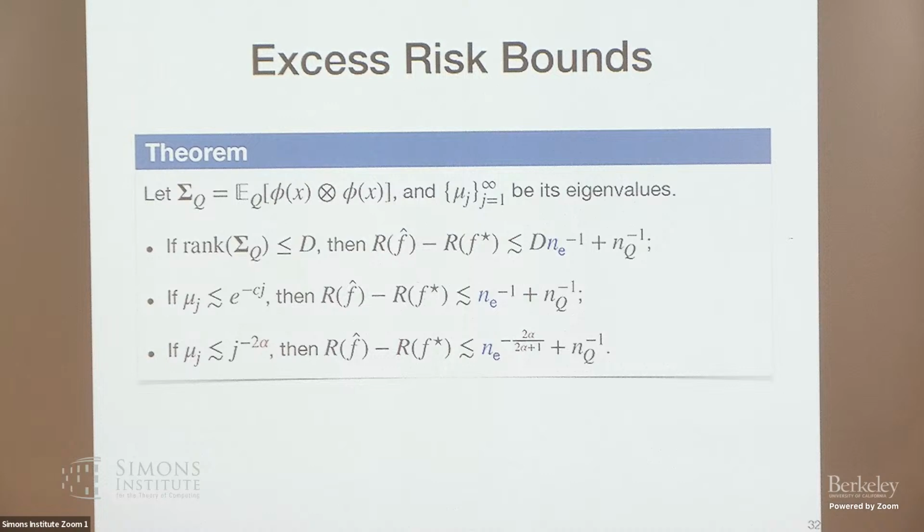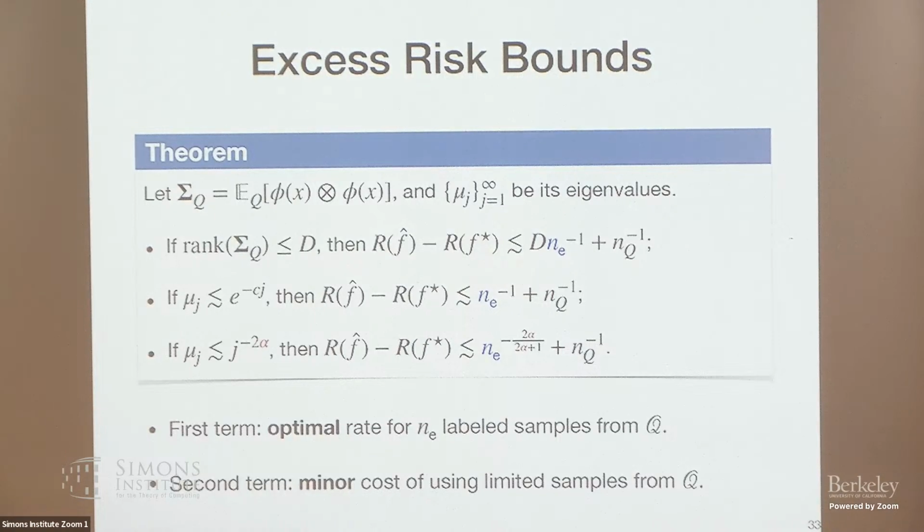So the final excess risk bound has 2 terms. The first one is a function of your effective sample size. The second term is a function of your target sample size that is unlabeled.